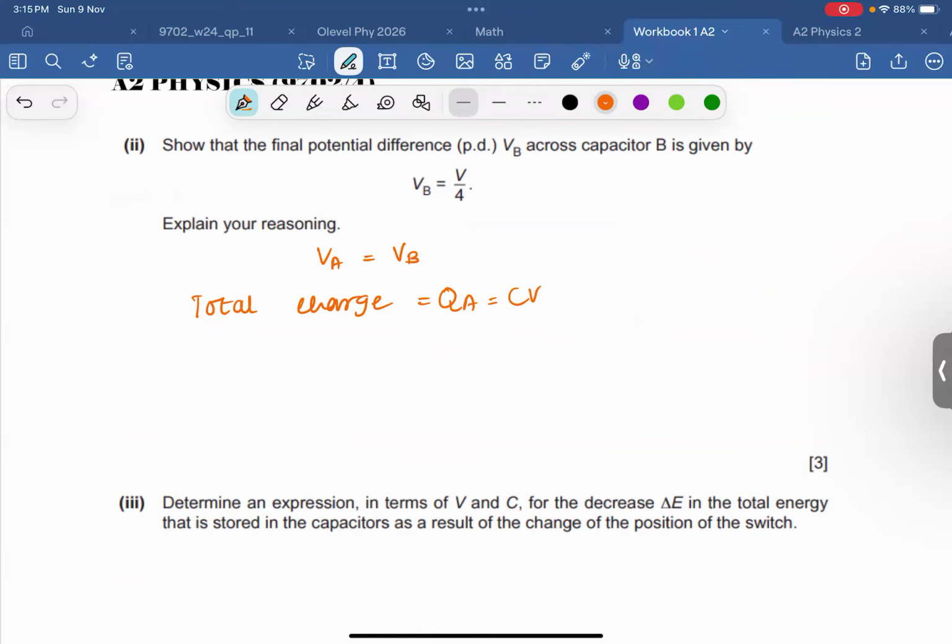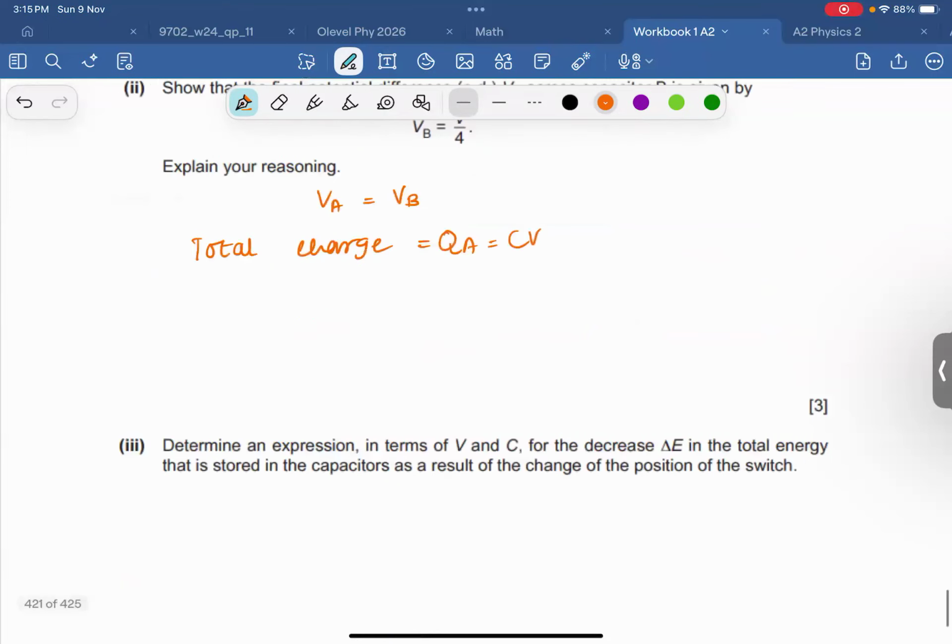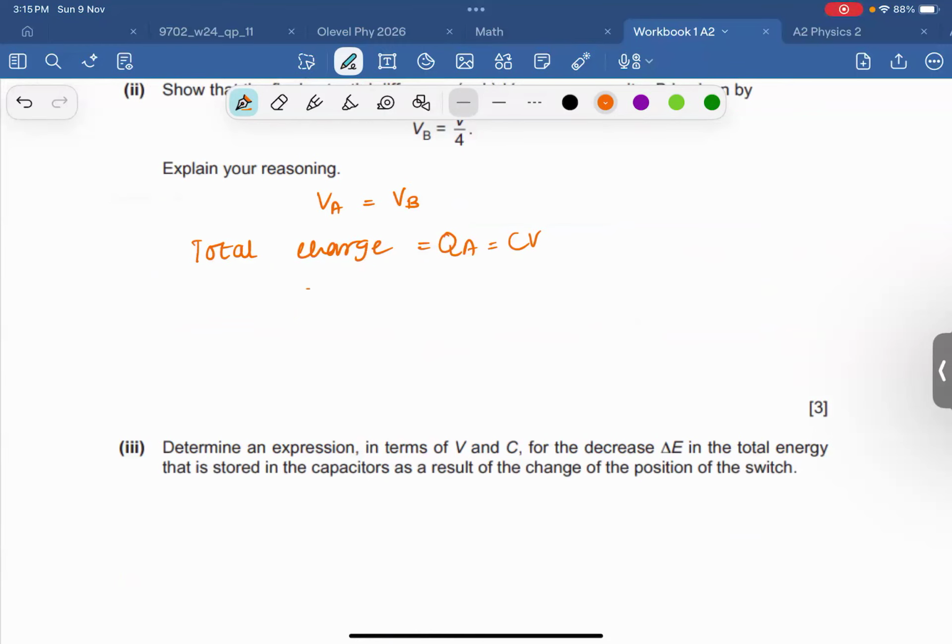So this total charge will then be distributed into two parts. The charge on A plus the charge on B should be equal to the total charge, which is CV.